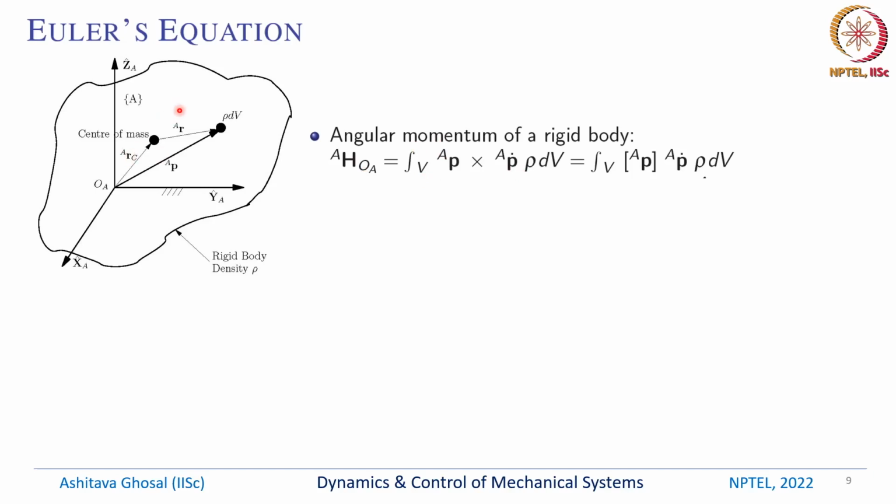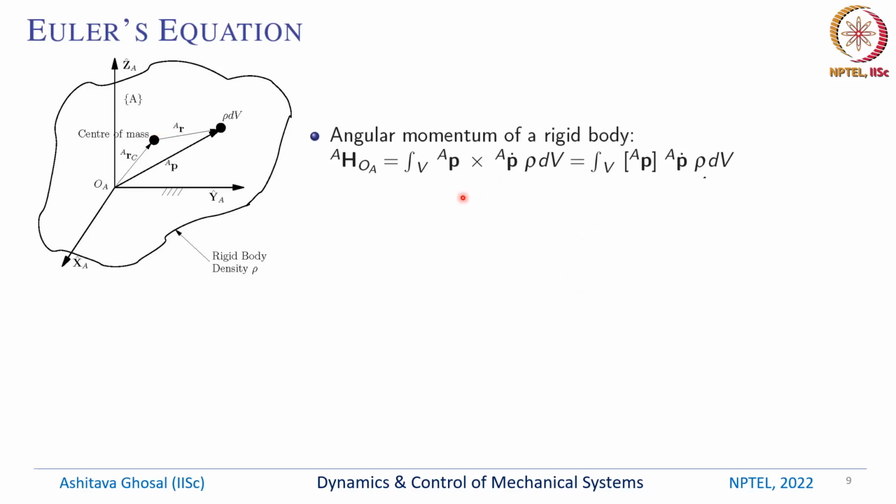And again we integrate over this volume element. Just like other vectors, we need to define this angular momentum with respect to which point, in this case it is with respect to OA, and which coordinate system, in this case the A coordinate system.